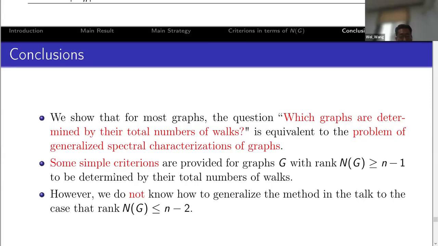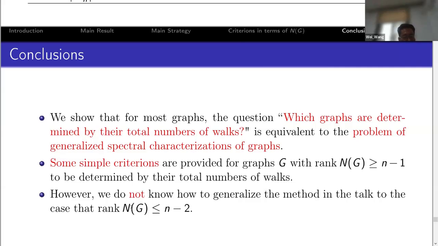However, we do not know how to generalize our method to graphs if the rank of NG is less than or equal to n-2. In particular, I think we are more interested in the case when the rank of NG is equal to n-2. We do not know any counterexamples, whether the sequence of walk numbers can determine the generalized spectrum or not.